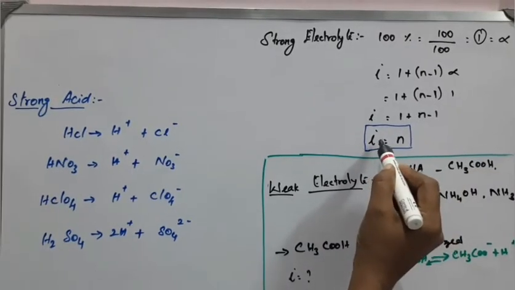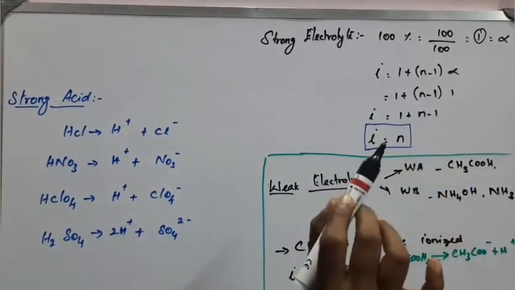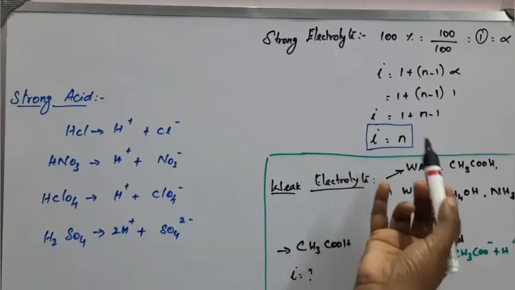So the Van 't Hoff factor equals the number of particles dissociated.